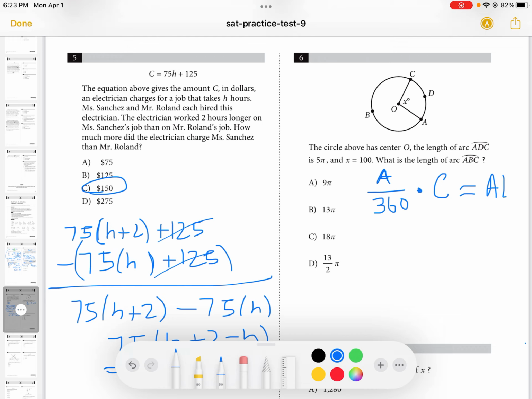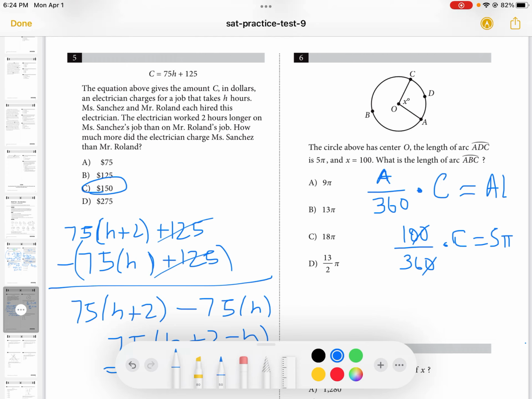So in our case, we know the angle, 100 over 360. We don't know the circumference, and we know the length of the arc. So we can solve this equation.